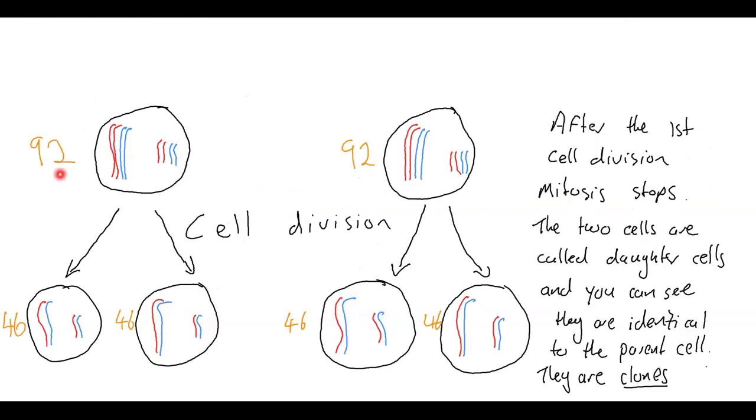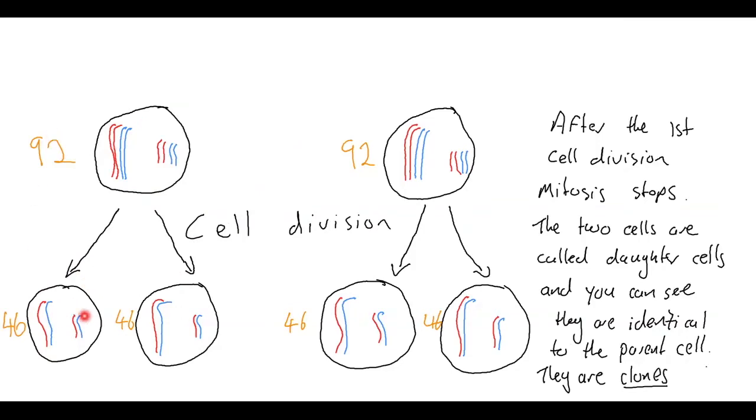For mitosis over here, we've got those 92 chromosomes, all of those chromosomes that have been copied. And the cells now go through a process of cell division. And in mitosis, can you see that the chromosomes are split equally between the two cells? So what we end up with is a share of those 92 chromosomes.